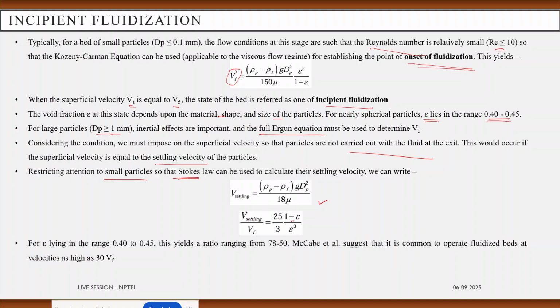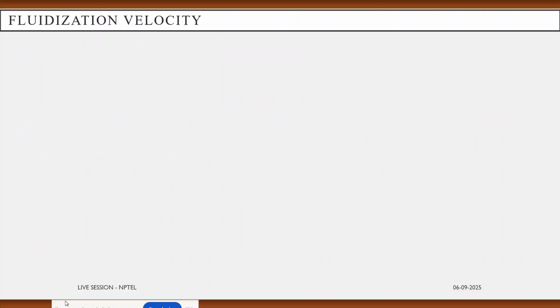It is 25 by 3, (1 minus porosity) by porosity cubed. When for spherical particles the porosity lies between 0.4 and 0.45, this ratio will yield from 78 to 50. And according to McCabe and others who did the experiment, it is common practice to operate the fluidized bed at a velocity as high as 30 times the inception fluidization velocity.